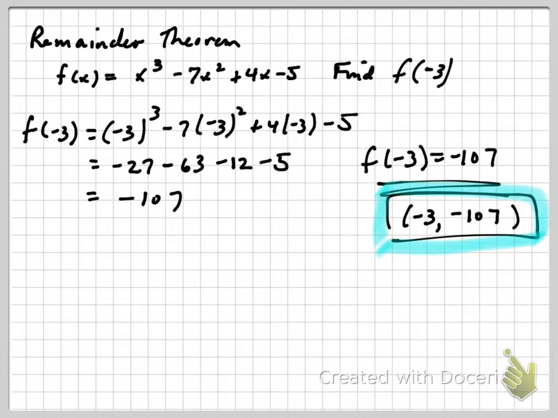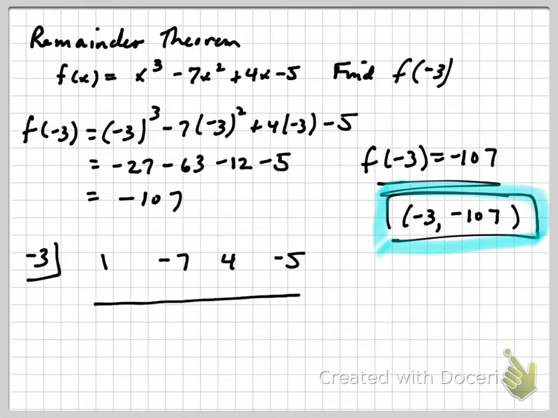All right, I would like to show you synthetic division, which some people, if your name's not Dr. Lane, would be able to call synthetic substitution. I would put the negative 3 into there, and I would have 1, negative 7, 4, and negative 5. Bring the 1 down, multiply here, get a negative 3, add those together, that gives me a negative 10.